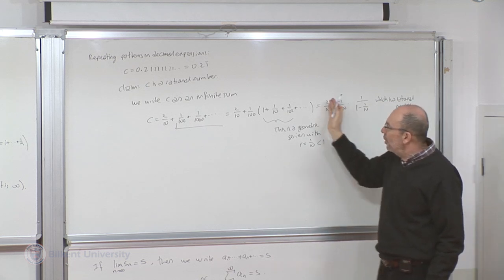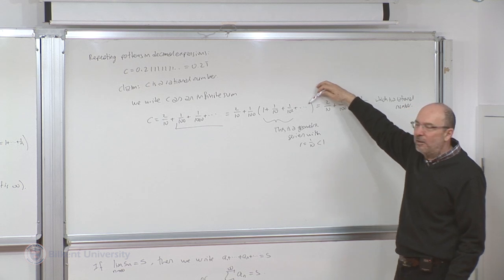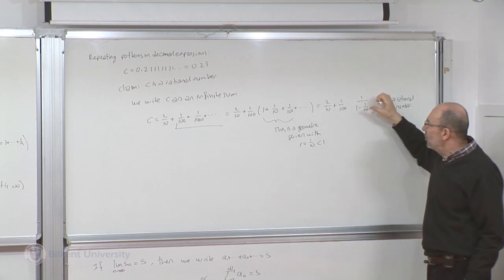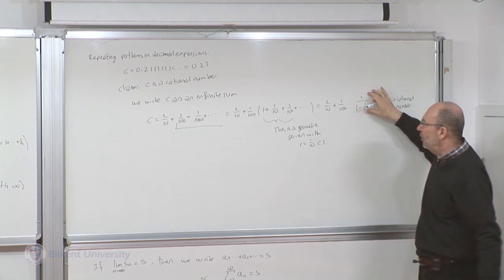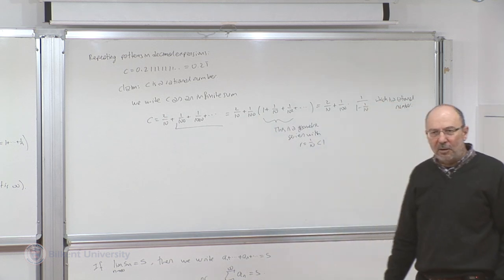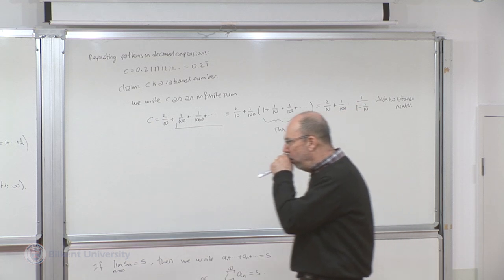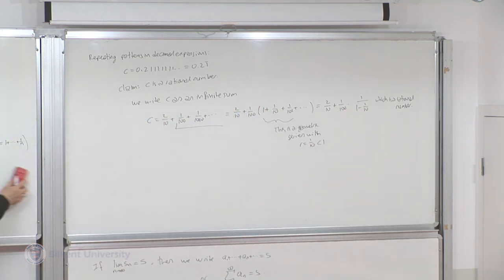You take out some common factor, your pattern will be here, and here you'll have a clean geometric series, and you know its general term. Since the general term is a rational number, this is going to be a rational number.